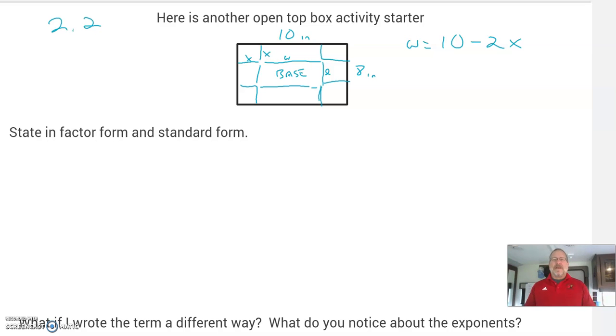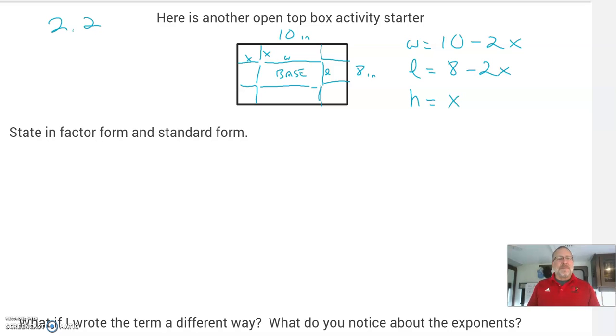In other words, our width is 10 minus 2x. Our length is the same idea, but 8 minus 2x. And don't forget our height, in this case, is just x.